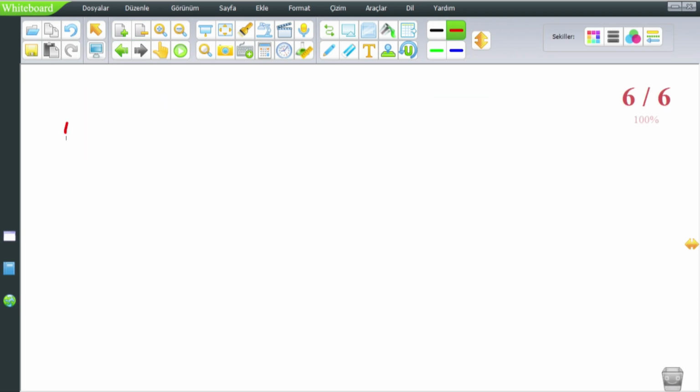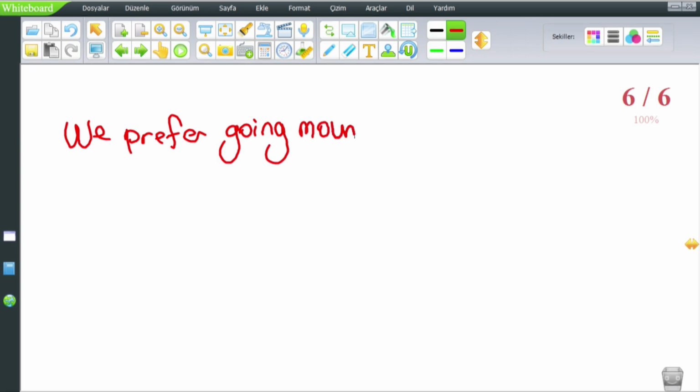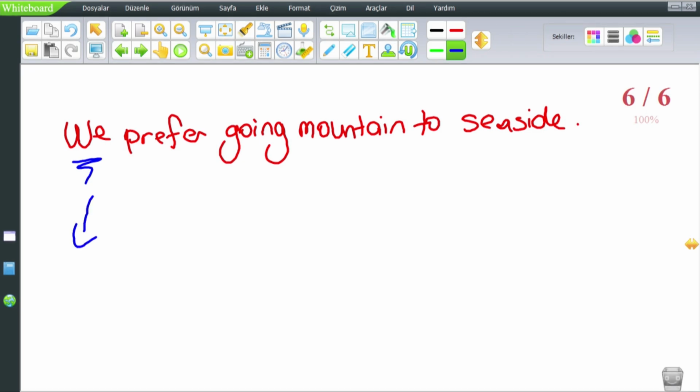Our last example, we prefer going to the mountain to the seaside. In this example, as you can see, our subject is we. That's why I used prefer, verb 1, base form.